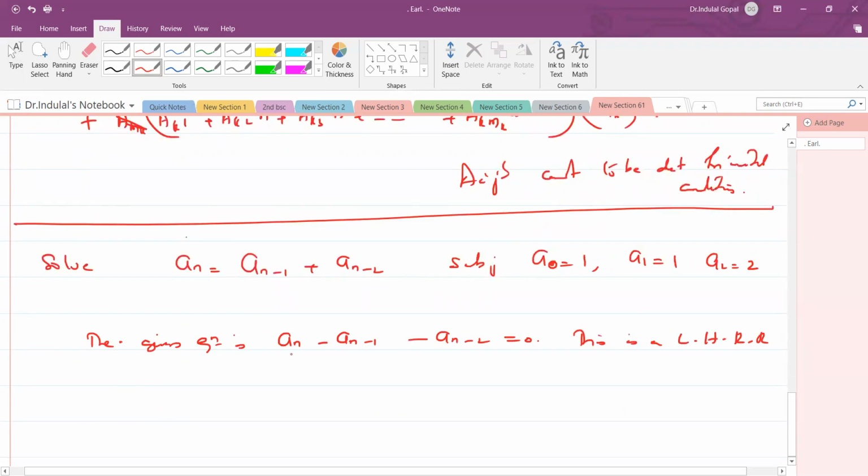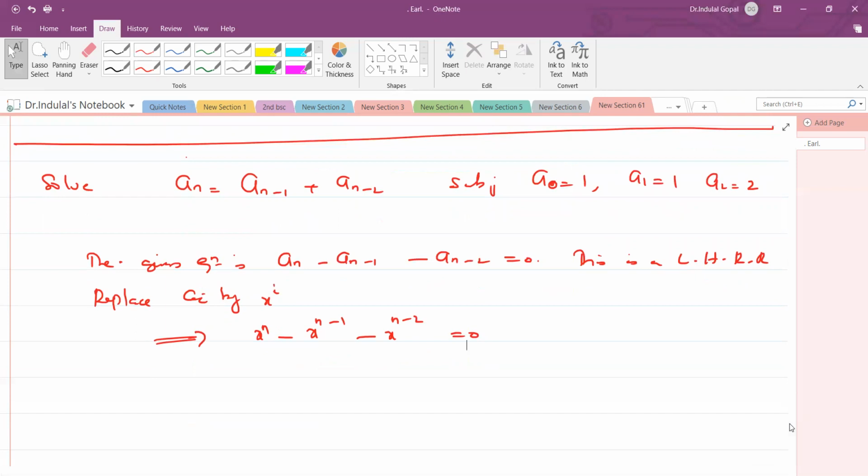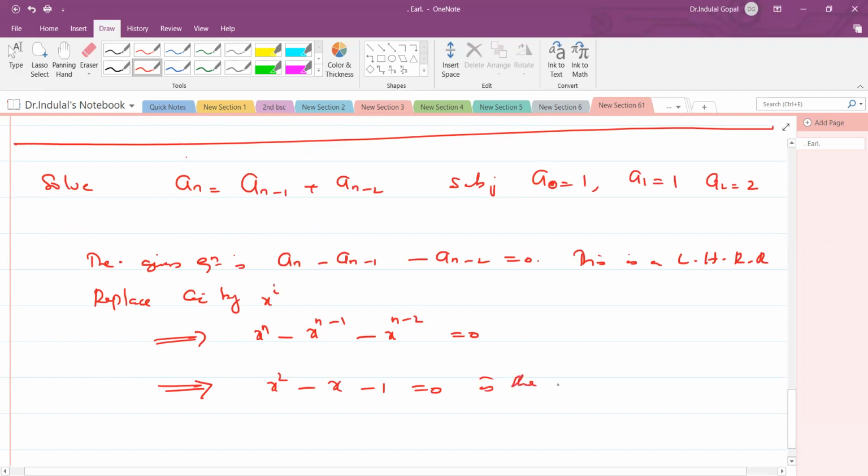So replace a_n by x raised to n, and a_i by x raised to i, which implies x raised to n minus x raised to n minus 1 minus x raised to n minus 2 equal to 0. Now cancel throughout x raised to n minus 2, which implies x square minus x minus 1 equal to 0 is the characteristic equation.